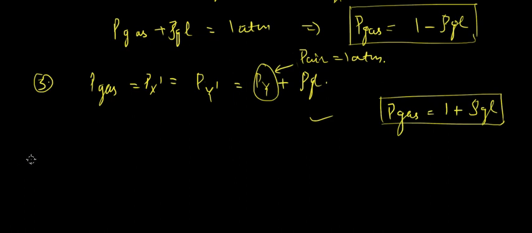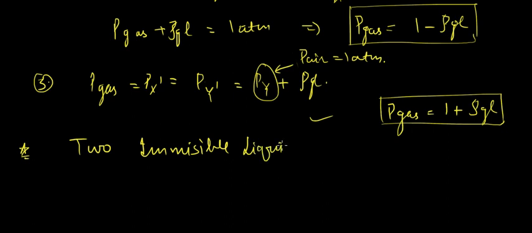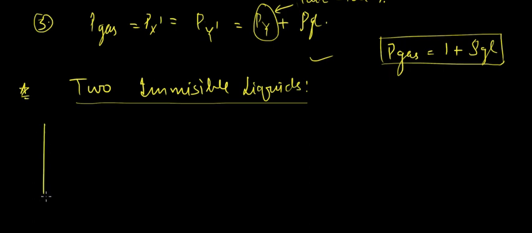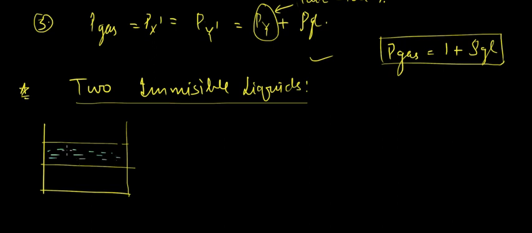Now, let's directly look into a new concept where we have two immiscible liquids. Let's suppose we have a beaker with two immiscible liquids in it, and we have to determine the pressure at various points, which I'm marking.